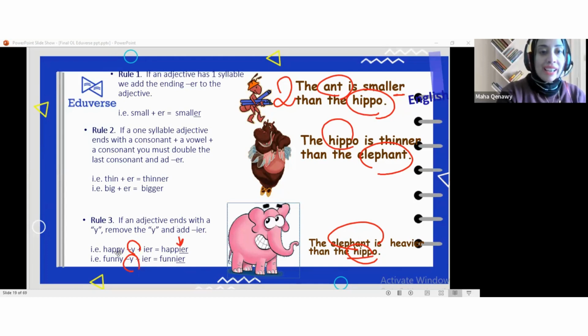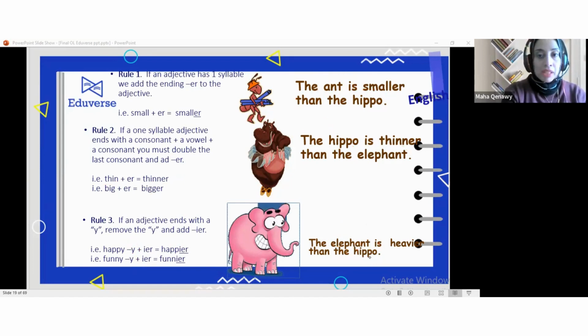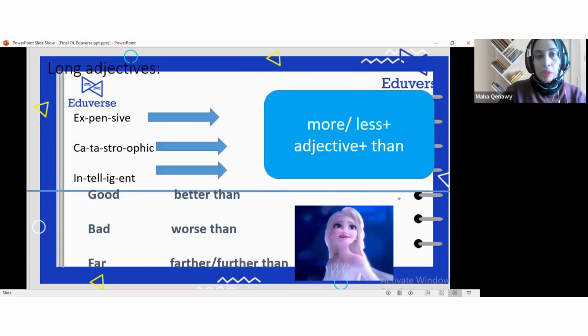If this adjective contains a short vowel, like a short I, we have to double the last consonant, like thinner, bigger, redder, and so on. Some adjectives do not follow this rule because they simply have no problem with them.